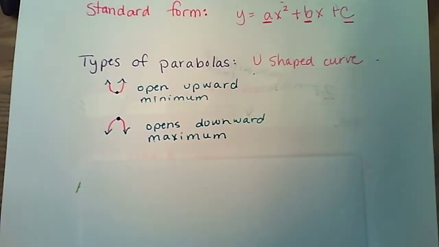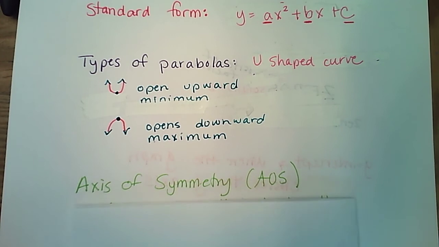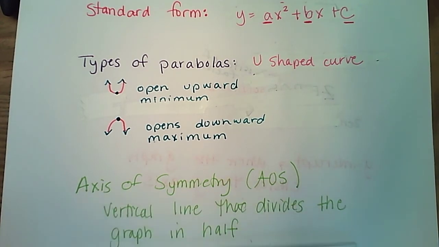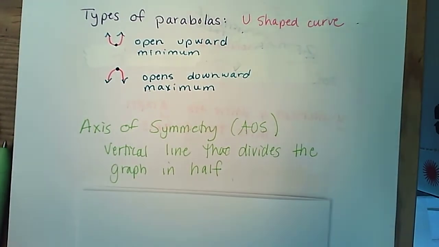When these graphs are formed, we form something called an axis of symmetry. The axis of symmetry is the spot in the very center of the graph. It's a vertical line that divides our graph in half equally. That's where the symmetry comes from.